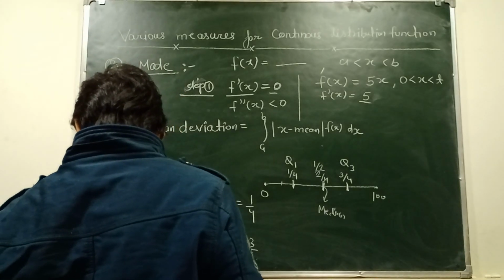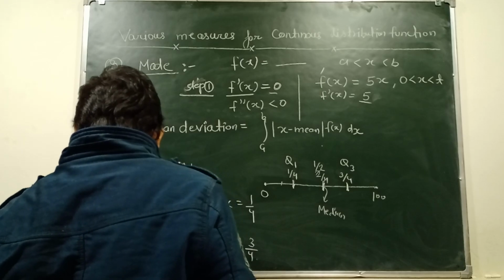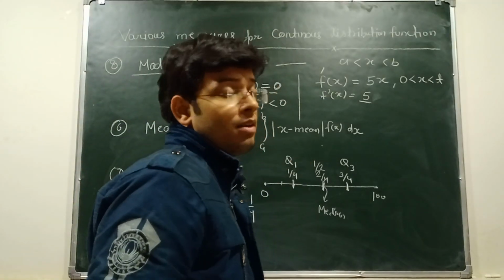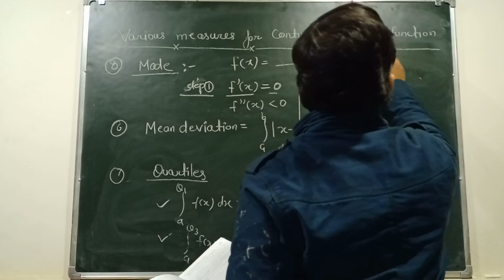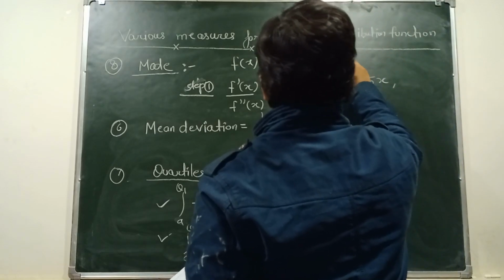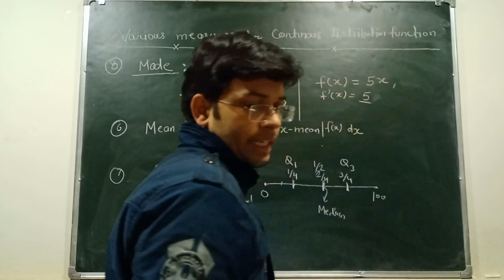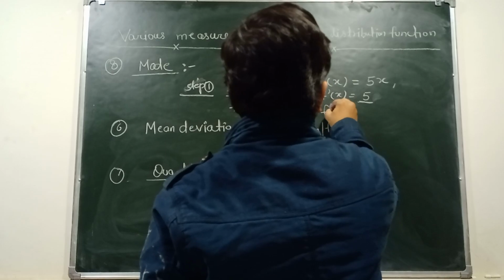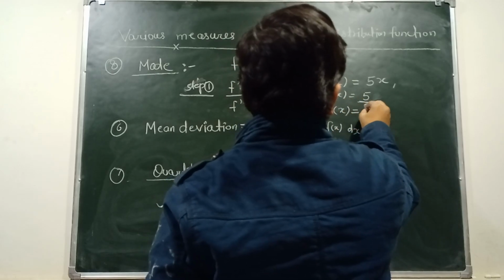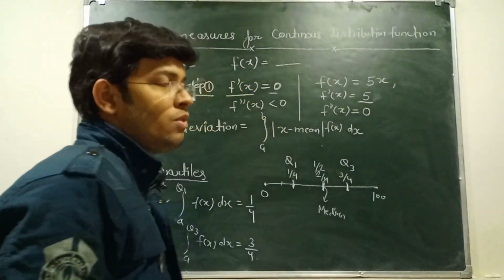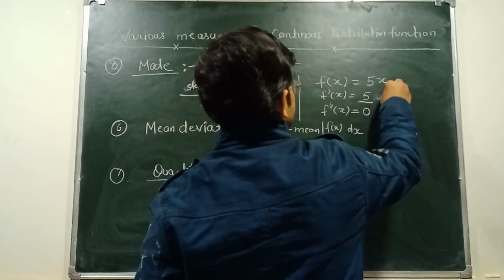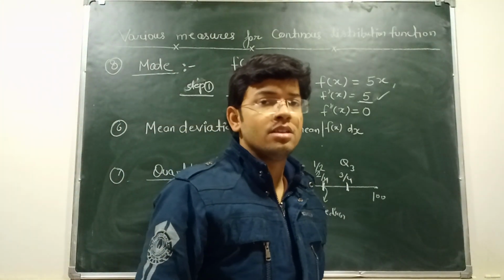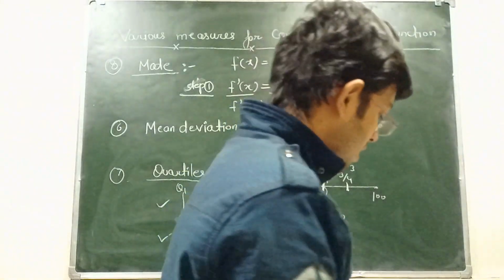We do not need the integral signs here, because in differentiation we do not need any integral. So this is the value of f dash x. The second derivative is equal to 0, and we can say that this is the mode of our function. So 5 is the mode of our function.